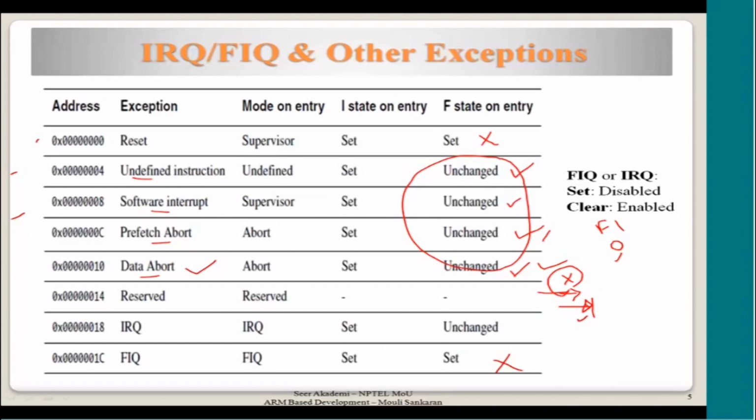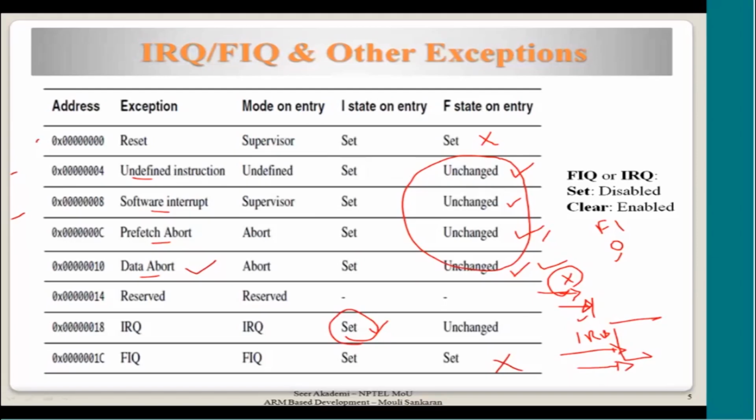So you can see that the IRQ is always enabled, even when it is servicing an IRQ interrupt, another IRQ is enabled. Why? I will tell you the reason. Suppose IRQ is connected, please remember there are only two inputs to the processor.